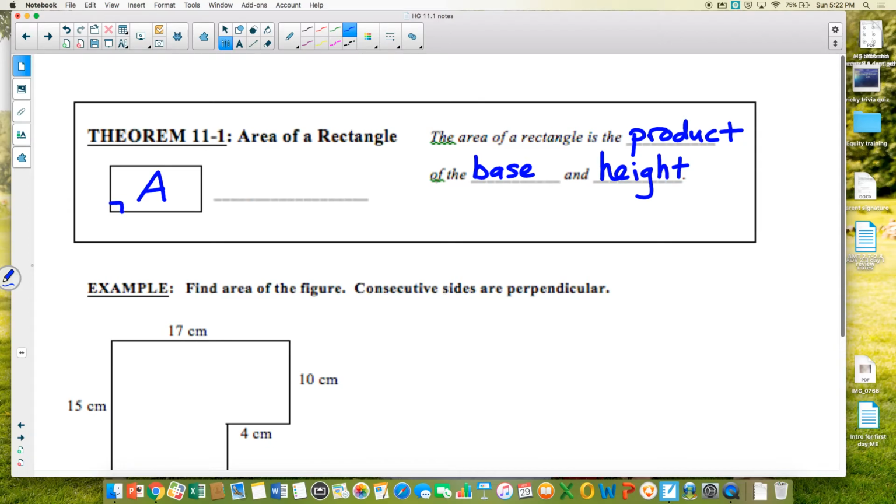If this is a rectangle, we're going to make it look like a rectangle, so make all these right angles. If the base is this bottom side, we would refer to the height as the perpendicular distance across. So the height is right here. So the area of the rectangle we'll refer to as b times h, or base times height.